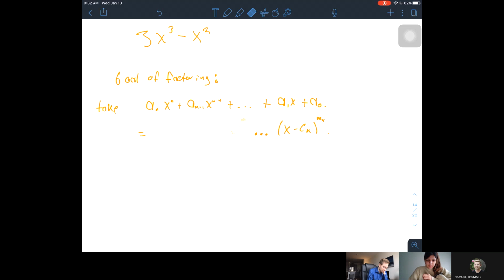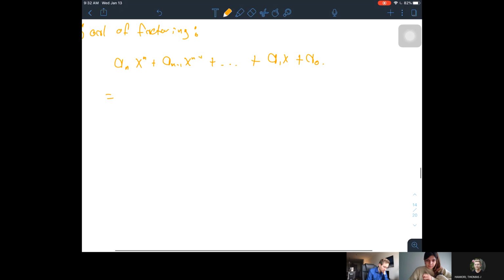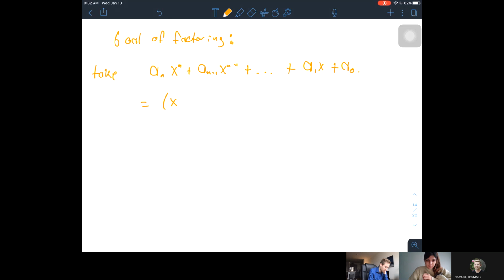That's more general, and typically what we write in the math world, but it might be too complicated. Let's write it as x minus c1 times x minus c2 times dot dot dot times x minus cn. There should be n roots.